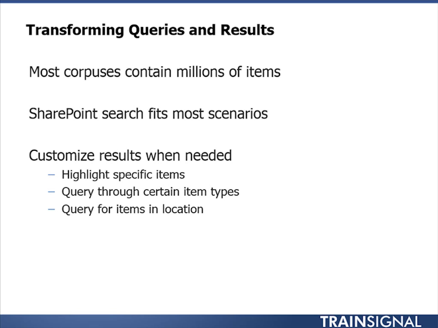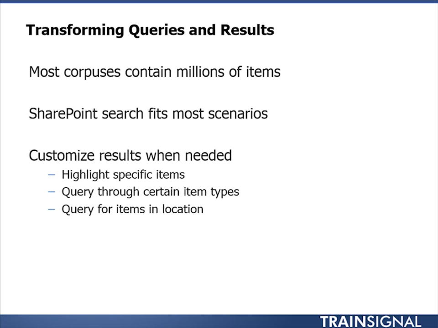We're going to need to go in and customize not only the back end, not only how we're going to crawl our data, but also how the results are going to be displayed to the user. We want to be able to highlight different items. We want to be able to take queries and transform them into other things, limit where our users are going to search, allow them to do searches for particular types of items, etc. And fortunately, SharePoint 2013 gives us some very powerful tools to do exactly that.